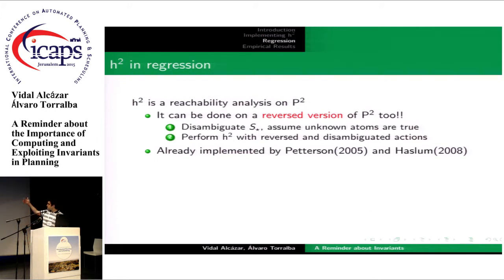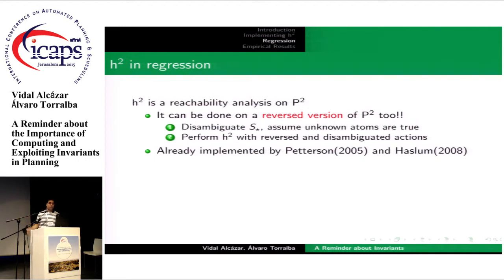To do so, it's important that you use the information that you have discovered by applying forward h^2 to disambiguate the goal state. As you know, the goal state might be a partial state and you don't know everything about it. So if you use this extra information, you might discover new things about your goal state.